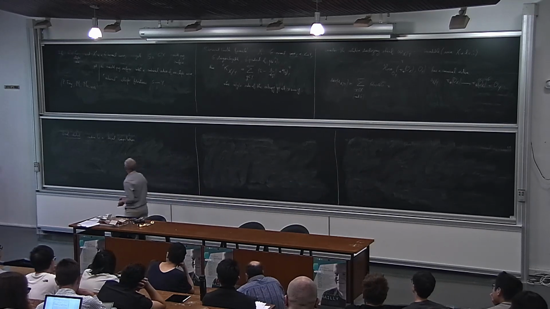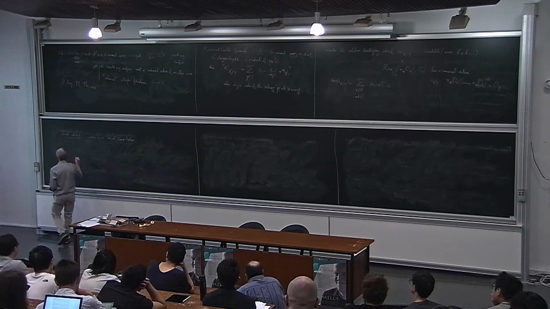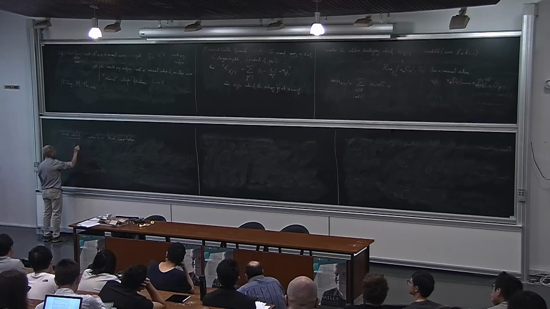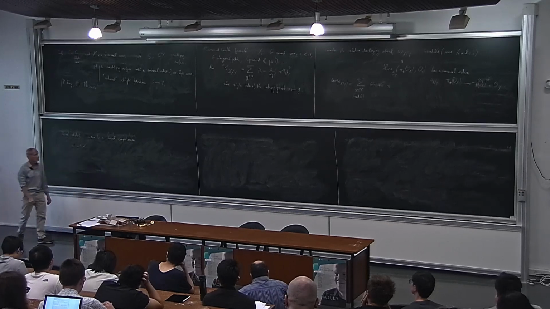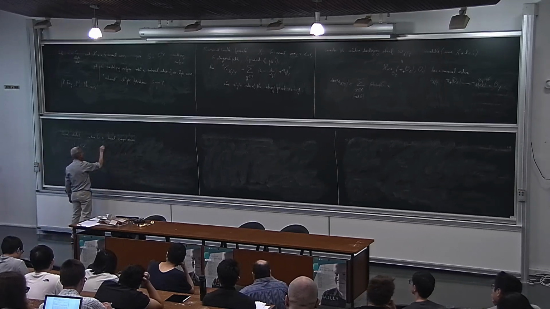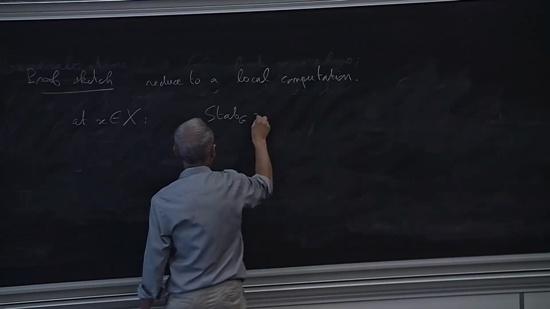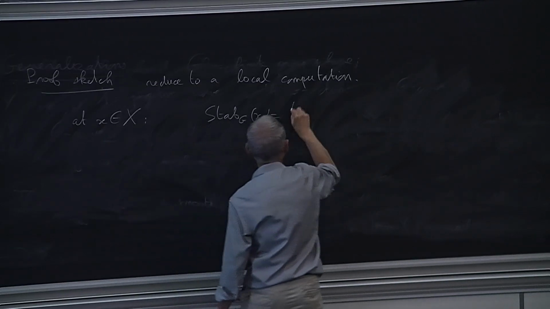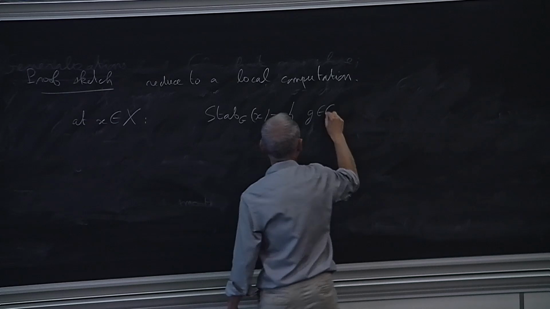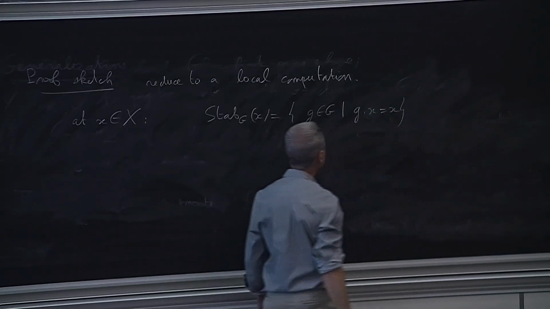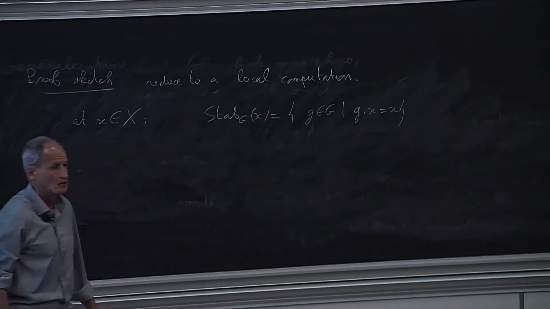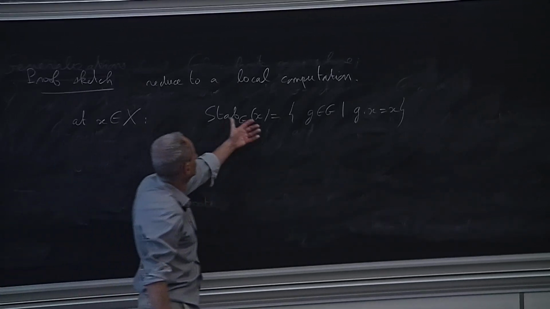Maybe sketch as follows. A point, then you have its isotropy group. And well, take this in a schematic sense.